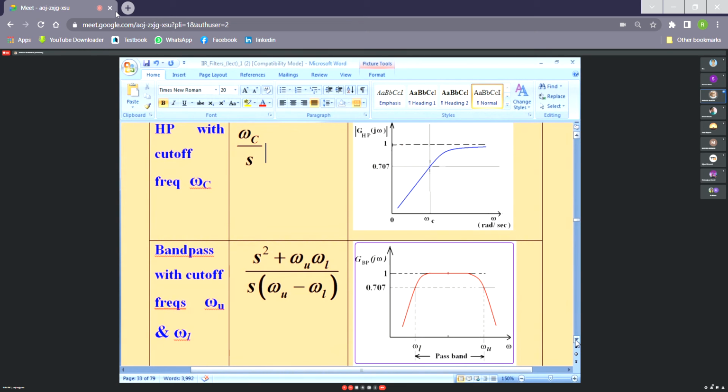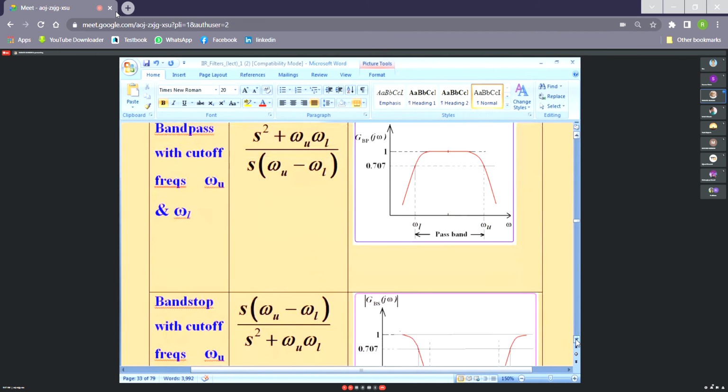So there, the substitution for S will be as indicated here. And lastly, the bandstop filter.